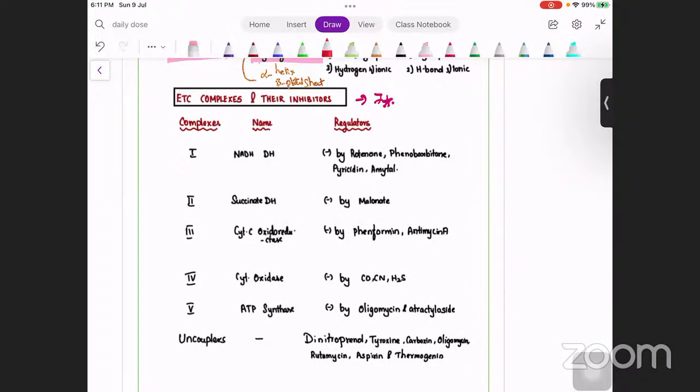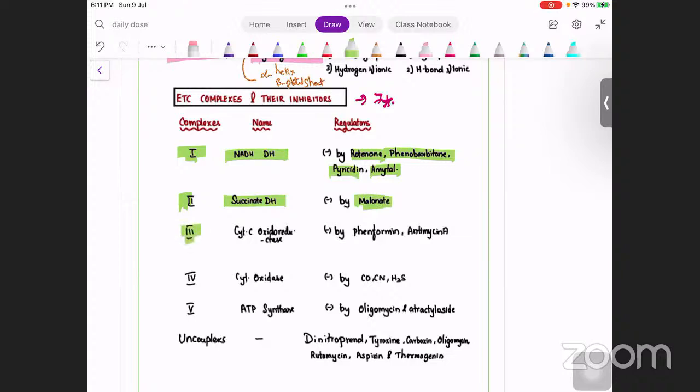First one is complex 1, which is the NADH dehydrogenase, inhibited by rotenone, phenobarbital, pyrisidine, and amytal. Complex 2 is the enzyme succinate dehydrogenase, inhibited by malonate.